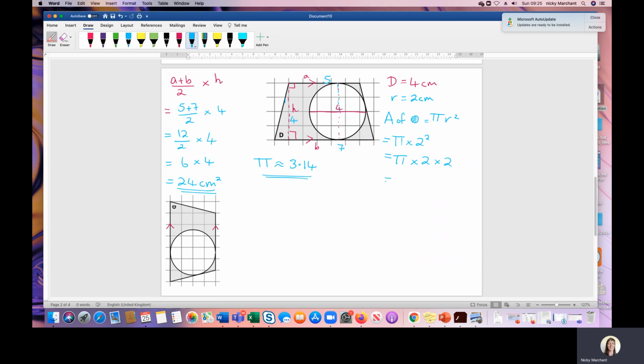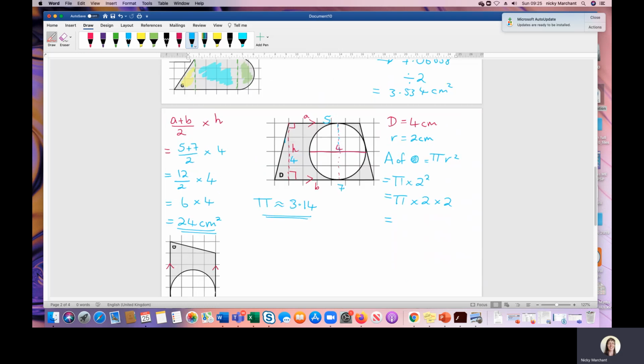So pi times 2 times 2, just plug that in the calculator, is going to be 12.5664. That's not my whole calculator display, but I always put in a few decimal places extra, and then you can deal with the accuracy bit at the end. So that is your whole circle.